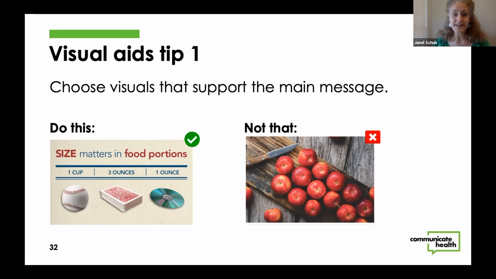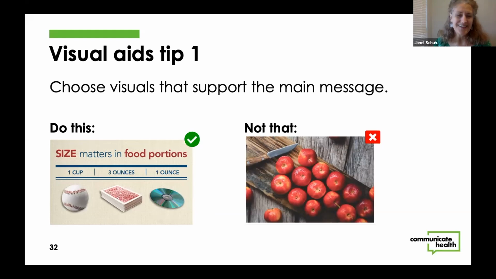Or it could, as in the example here, it can actually help to illustrate some of the details that are essential for that main message. In this case, imagine that we have a health material that is really trying to send home the message that the amount that you eat is as important as what you eat. And so portion control is going to be a big part of that.